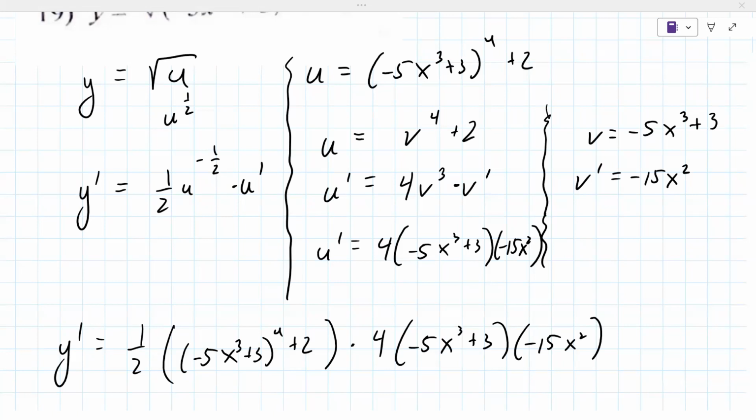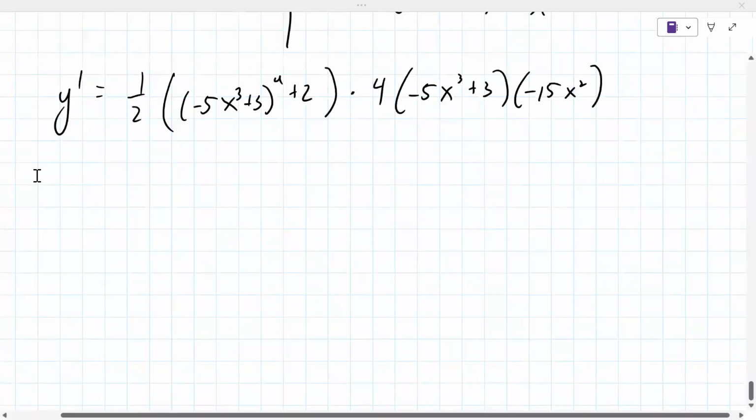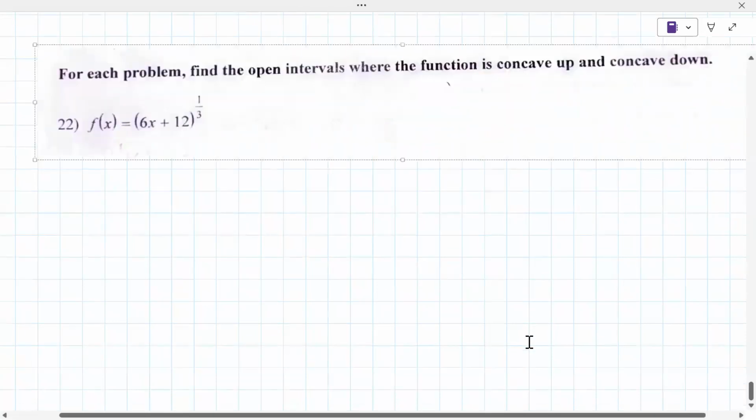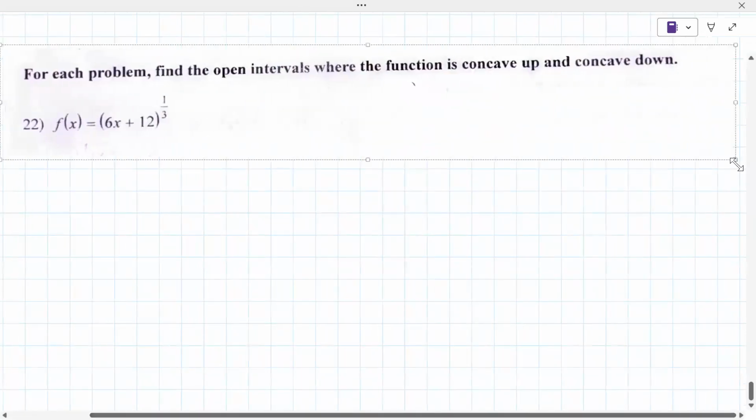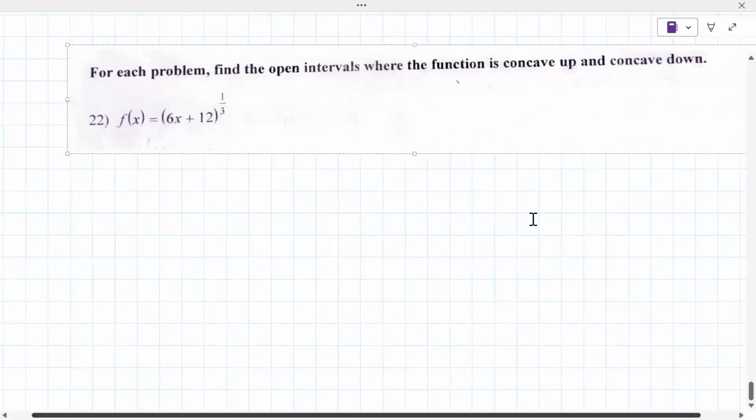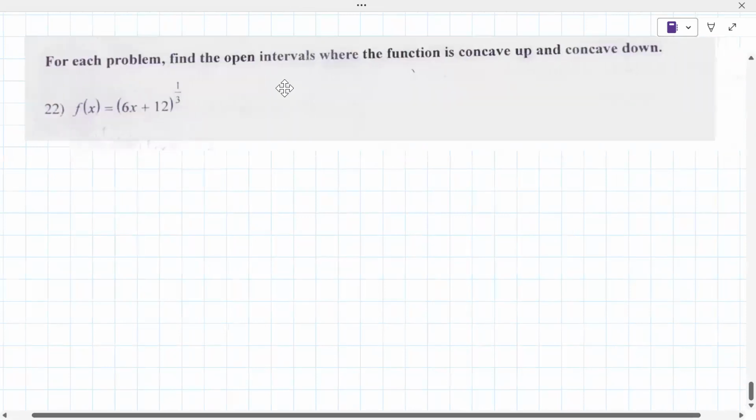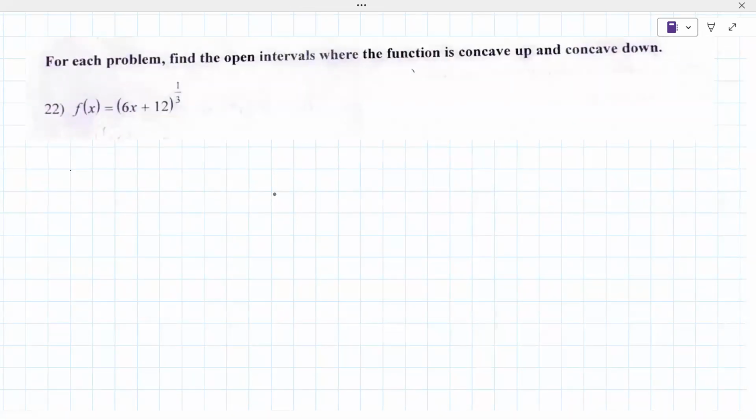All right. So concavity is the second derivative. Okay, so that means you got to take two derivatives of this thing. So first derivative is kind of what we've been doing. It's this u to the 1/3 power where u is really 6x plus 12.